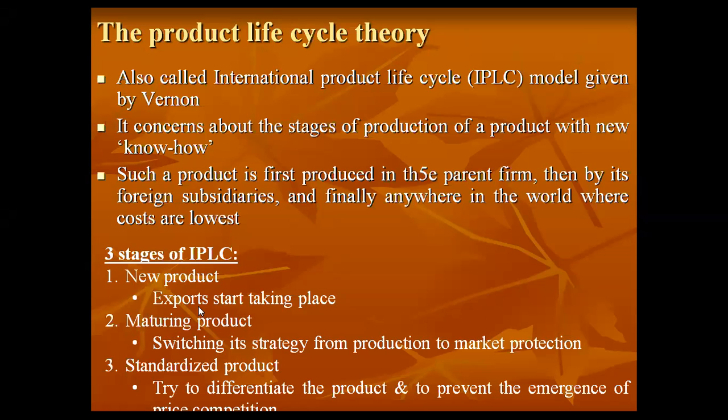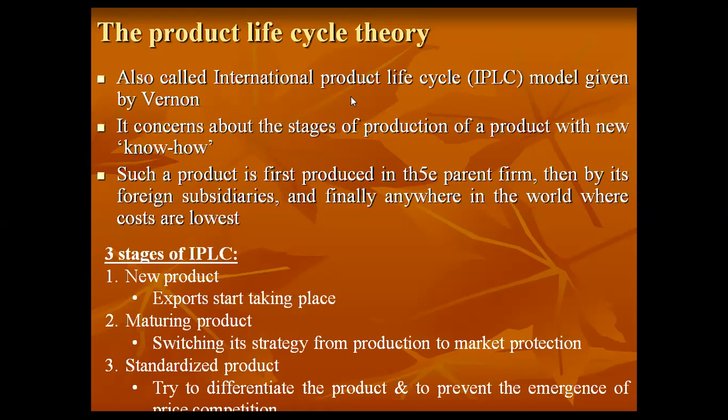The increased competition results in increased product standardization and cost reduction. See, the production starts gaining economies of scale, reducing the cost of production per unit. So at this stage, the production takes place on a large scale. Definitely the firm will have economies of scale, reducing the unit cost of production.